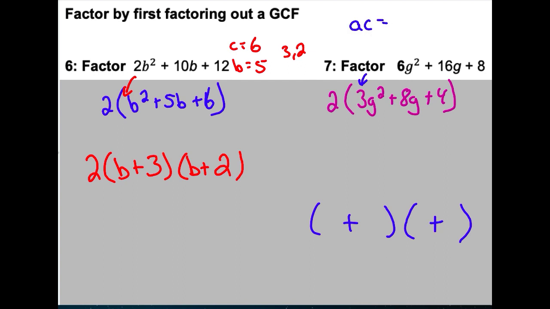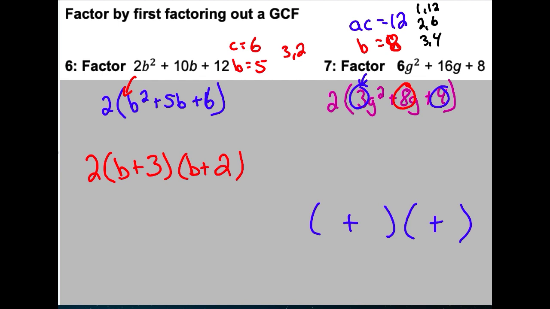A times c, so 3 times 4 is 12. B is equal to 8. So I need something that multiplies to give me 12, but adds to give me 8, since they both have the same signs. Well, I have 1 and 12, 2 and 6, 3 and 4.